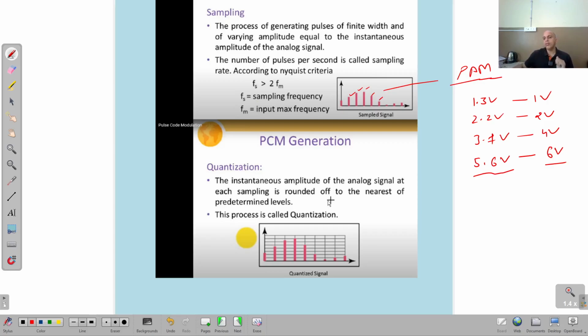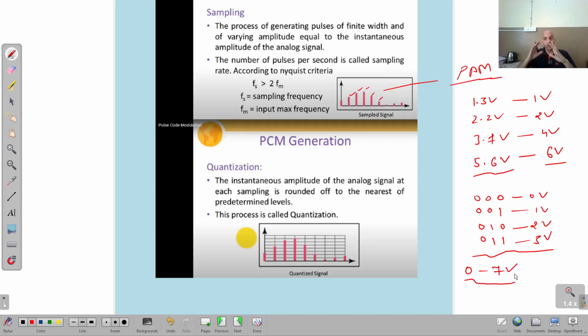Suppose I'm going to use 3 bits, right? 3 bits, 0 0 0, 0 0 1, right? 0 1 0, 0 1 1. This is for 0 volt, this is for 1 volt, this is for 2 volt, this is for 3 volt, like that, right? So if I'm going to use 3 bits for the representation or encoding of the information, in that case the voltage level during the quantization will be from 0 to 7 volt, right?